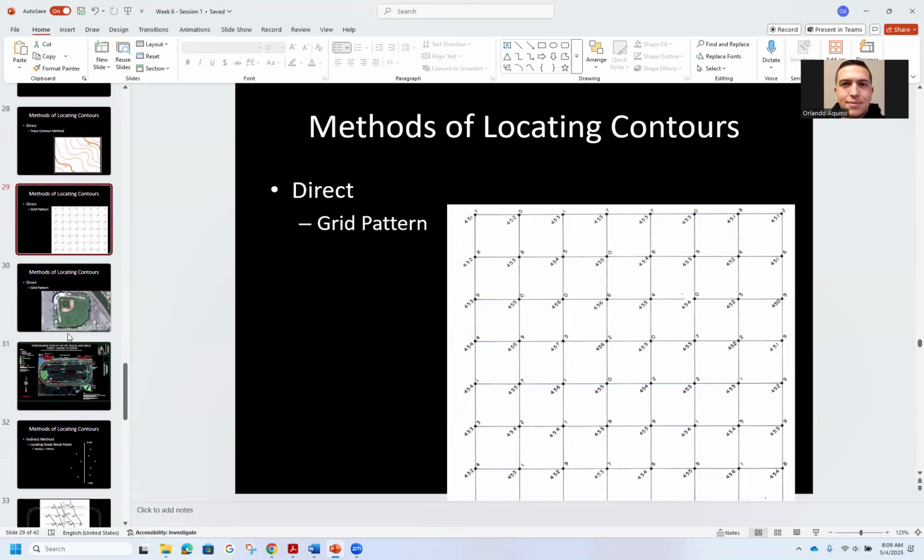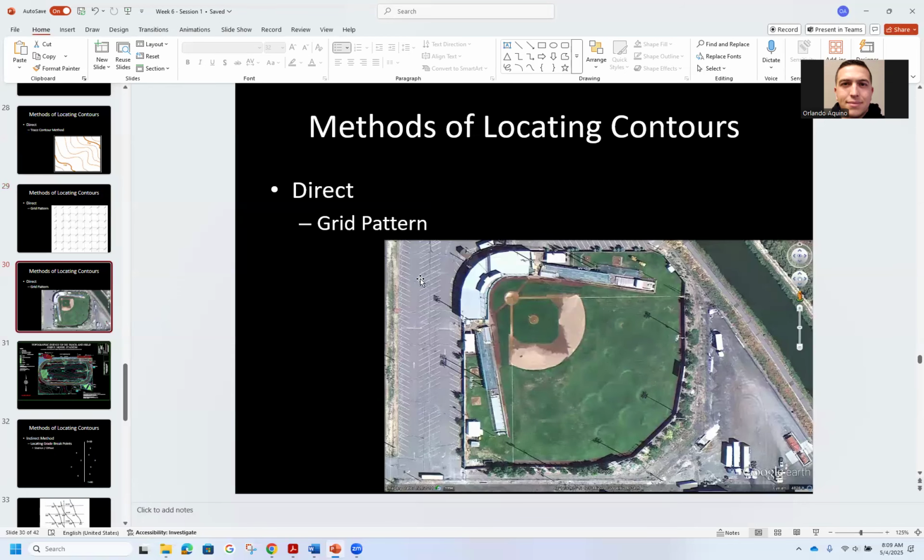A couple of examples: we have Kiger Stadium here in Clown Falls. A couple of seniors, my junior or sophomore year, did a topographic survey using the direct method.